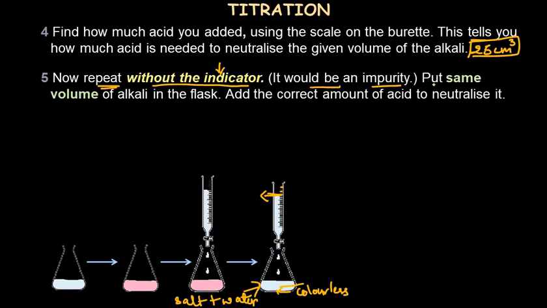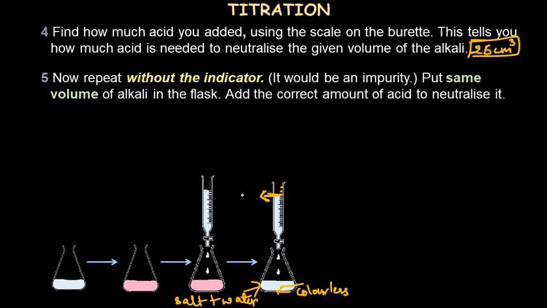So in the conical flask, put the same volume of alkali as earlier, for example 25 centimeter cube, and from the burette add exactly the same amount of acid that we read earlier, to neutralize the alkali.